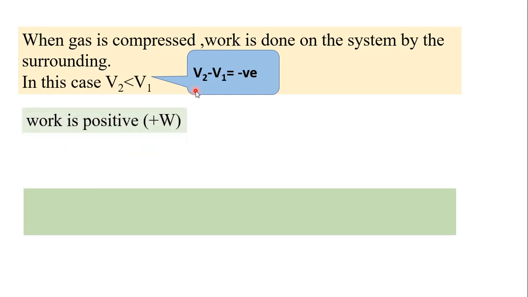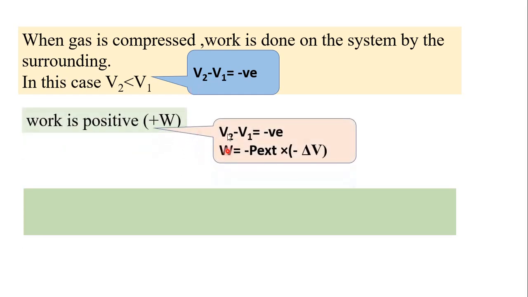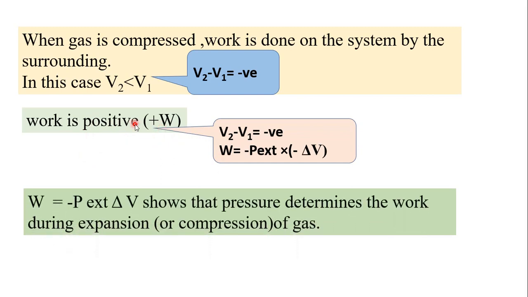If you substitute this delta V in the equation W is equal to minus P external into (V2 minus V1), the change in volume is negative, so negative becomes positive, and therefore the work is positive. Thus we have studied that W is equal to minus P external into delta V, which gives the work during expansion and compression.